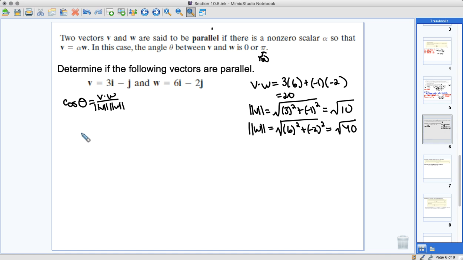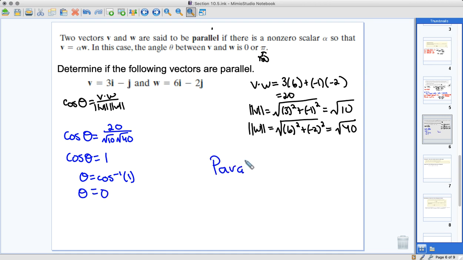Okay, so then plugging it into this formula, cosine of theta equals 20 divided by square root of 10 times square root of 40. So type that into your calculator. You get cosine of theta equals 1. And then cosine inverse of 1 is 0. Okay, so these two vectors are parallel because this angle that we got is 0.